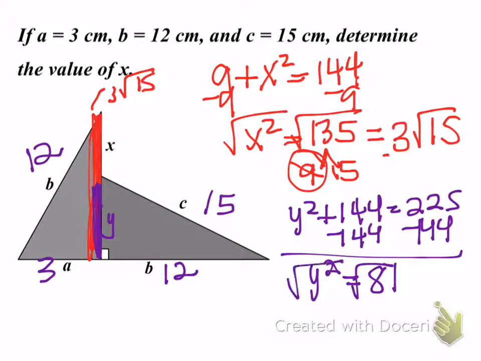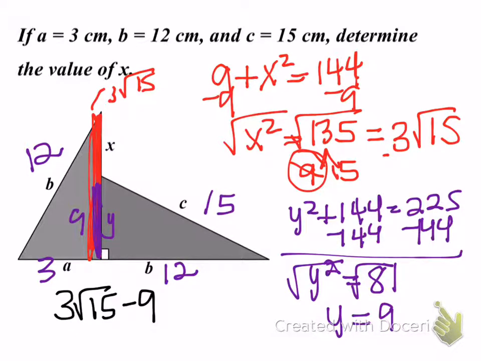Take the square root of that, and so y is 9. So now if I just wanted to find x, I need to take the red piece, which is 3 square root 15, and I need to take out the purple piece, which is 9. And so if I just want x, that is going to be my answer. I cannot combine those because they're not like terms, and so that's just where it stays.